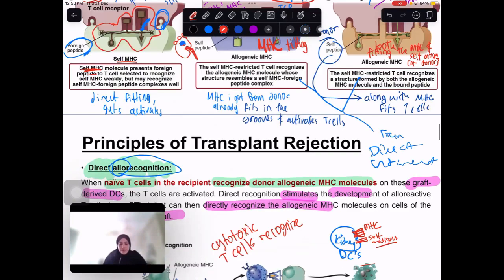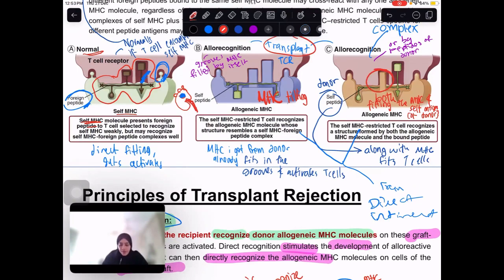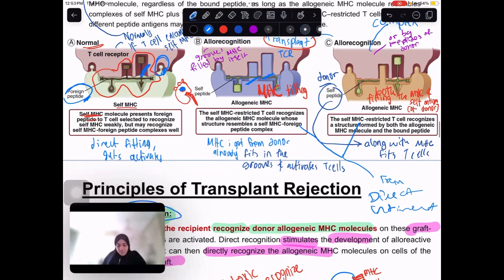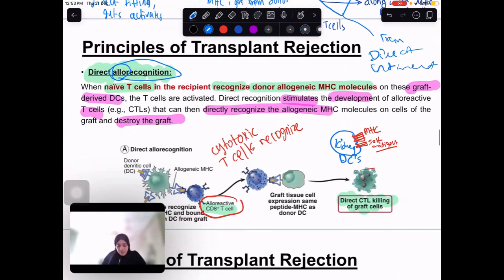The MHC is being shown. Just when the TCR recognizes that this MHC is not mine, it is enough for it to understand, okay, this is bad, I am going to destroy it.